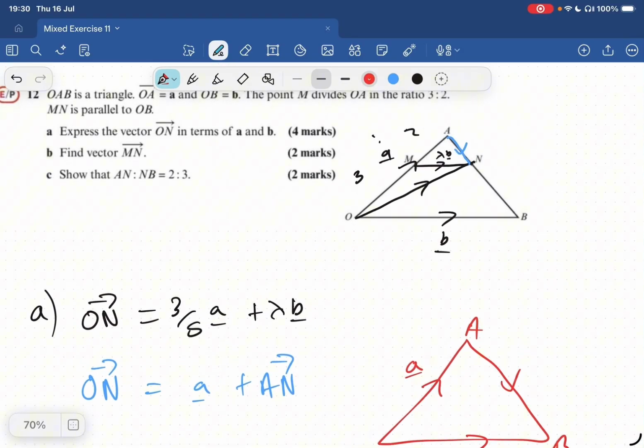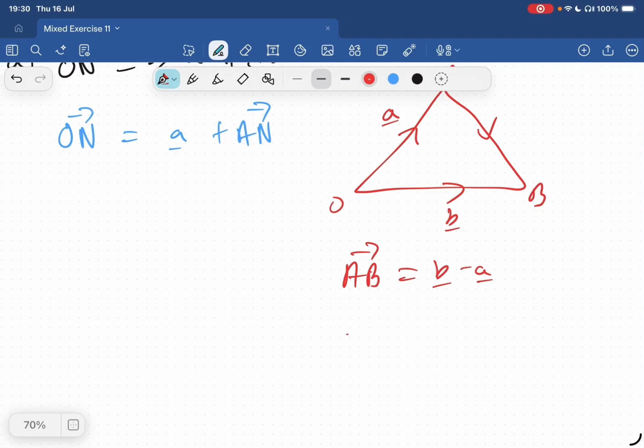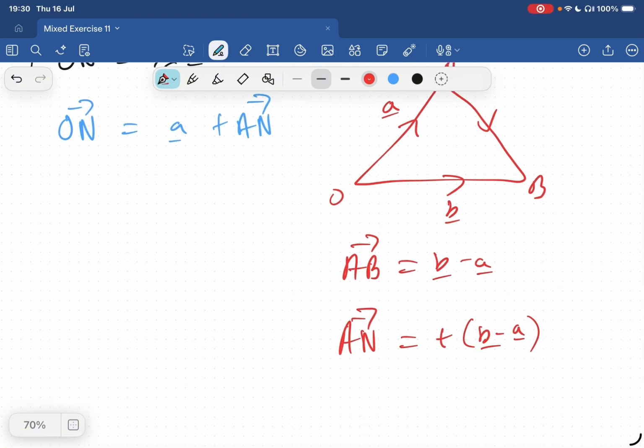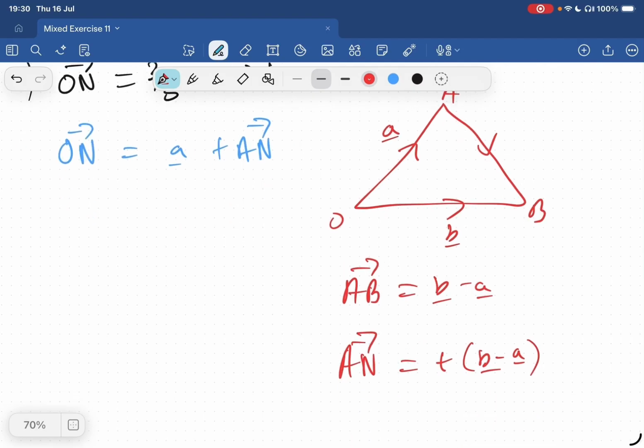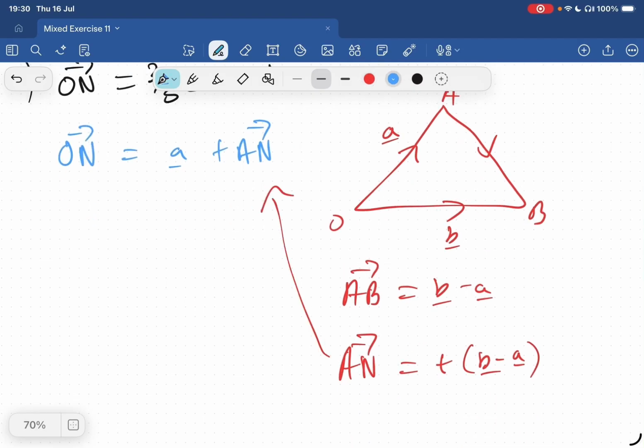This A to N is then some fraction of A to B, sorry. We represent this t. It's just some fraction of A to B. So now let's sub that back into our blue.